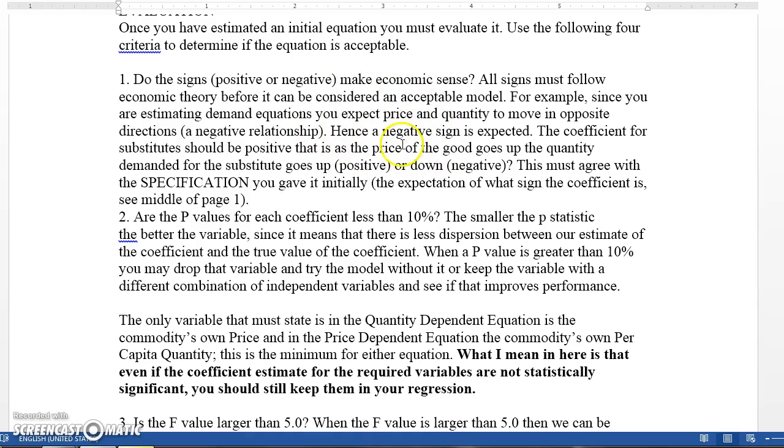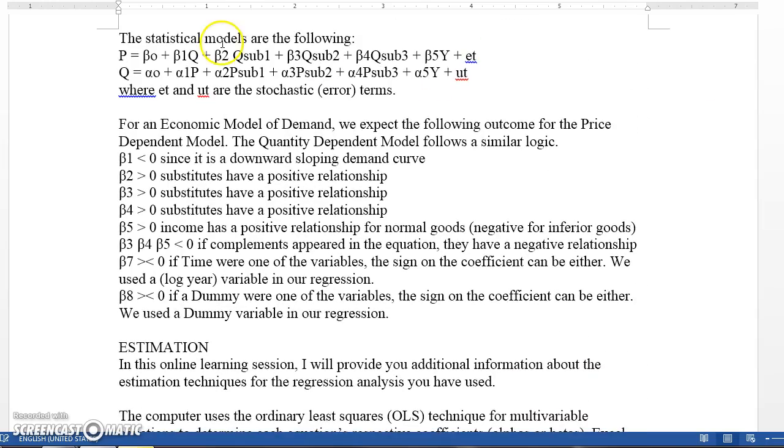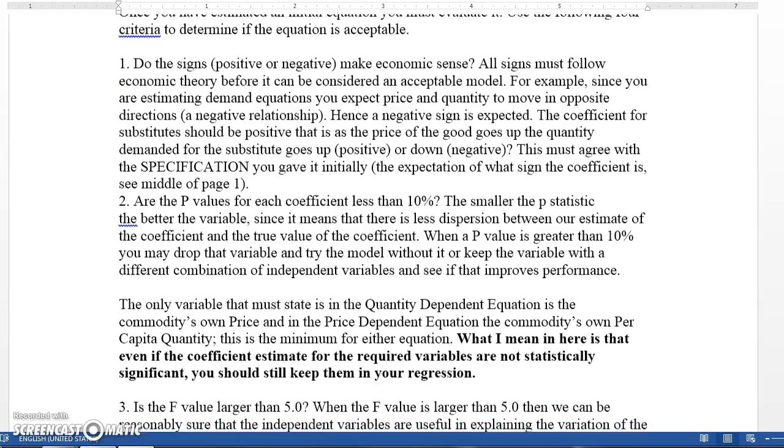So I basically want you to check if the coefficient for your beta 1 is negative or not, if the coefficients for beta 2, 3, and 4 are positive or not, and if the coefficient for beta 5 is positive or negative. So number 1, check the sign of your coefficients.